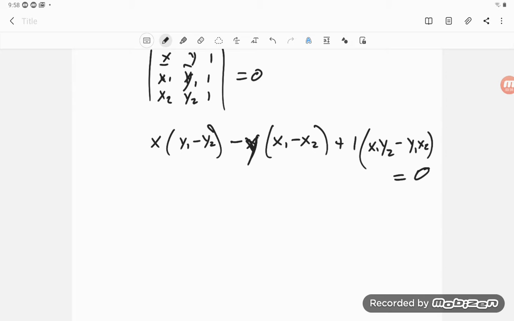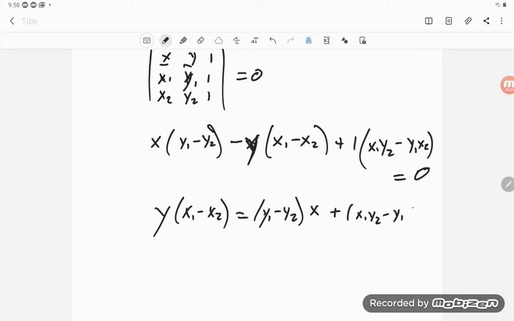Okay, so what the heck happened with this, right? So we do this, and you can write this as, if I solve for y, well, let me leave the x1 minus x2 here for a moment, equals, and so I took it to the right side of the equal sign, you can think of it that way, and then I have y1 minus y2 times x, and then plus x1 y2 minus y1 x2.